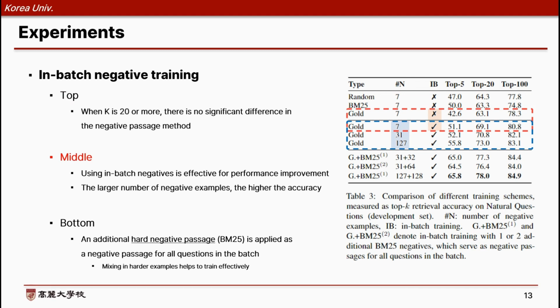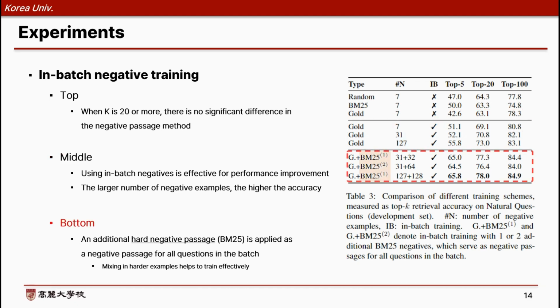In the next middle block, if you look at the red frame first, you can see that the in-batch negative method is effective in improving performance. Next, if you look at the blue frame, you can see that the accuracy improves as the number of negative samples increase.